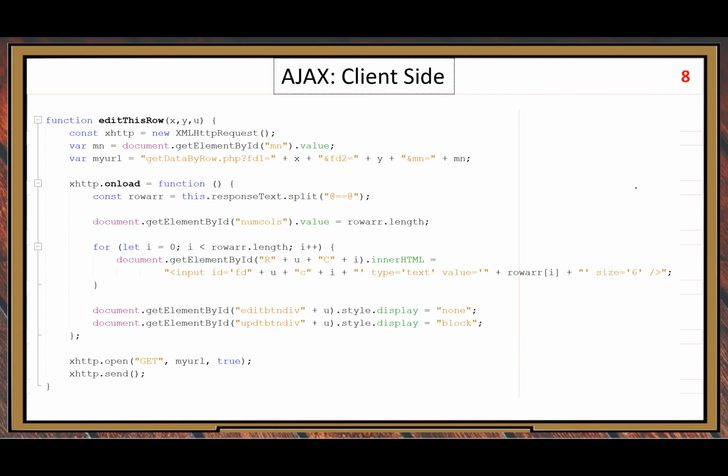For AJAX, you need to write code for the client side and the server side. On the client side, this JavaScript function, edit this row X, Y, U, needs 3 parameters. X is the value of field 1, Y is the value of field 2.